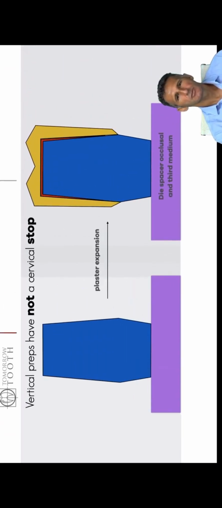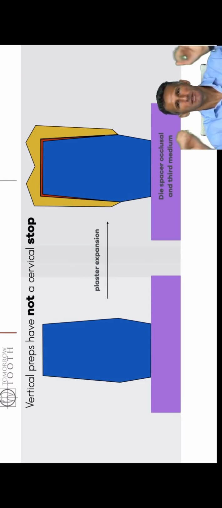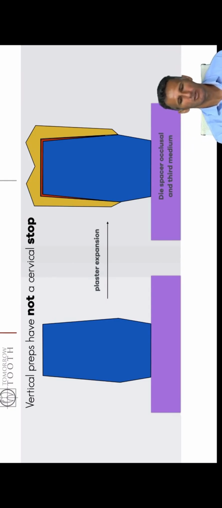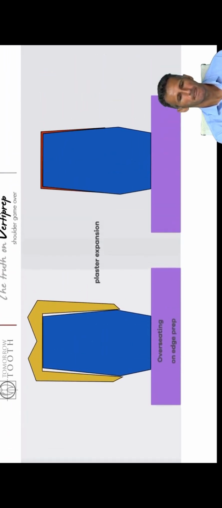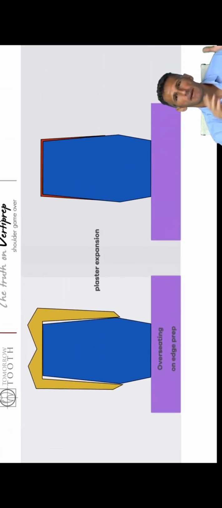But now let's do this in a preparation where we have no cervical stop, okay? We use the same die spacing approach, the same kind of die spacing technique. We have a bit of expansion, we make our crown with the conventional spacing protocol, and we go back to our situation. What happens? Because we have no cervical stop, the crown will have two kinds of problems. We can have an over-sitting on edge preparation. What does that mean?